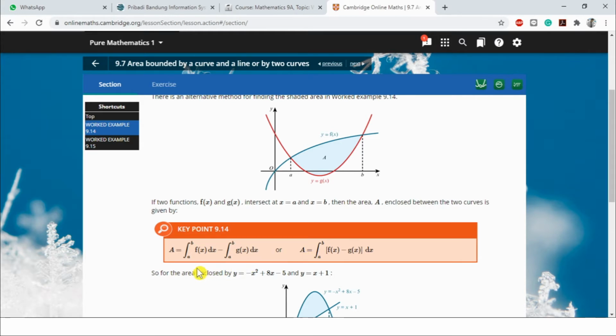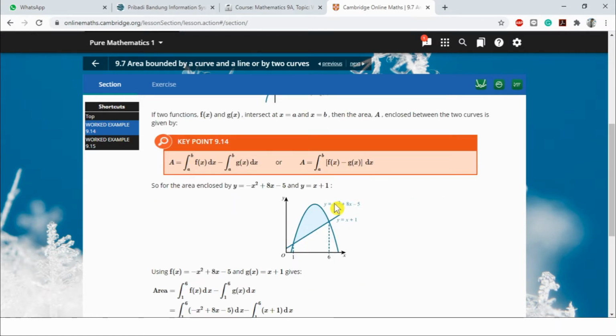Since the limits are the same, the intersection a to b, we just simplify as one formula: A equals the integration of f(x) subtracted by g(x) in brackets, with respect to x, in the limit from a to b, like this. So just simplify the formula.